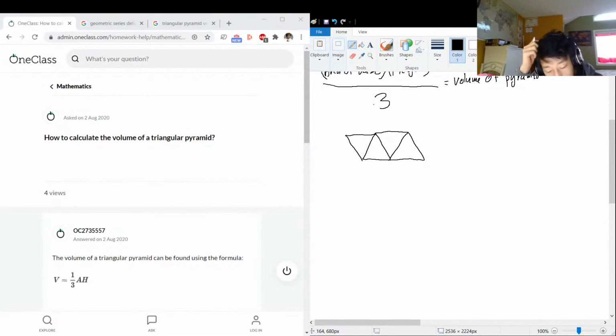Kind of see how that could fold up into a pyramid. It's going to take some geometric thinking to see how that works out, but I promise it does. This will make a pyramid when you fold it up properly, I think.